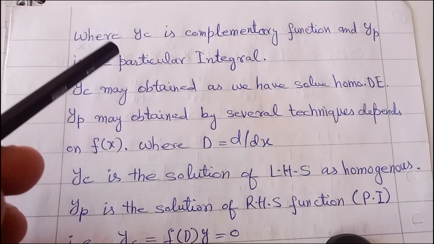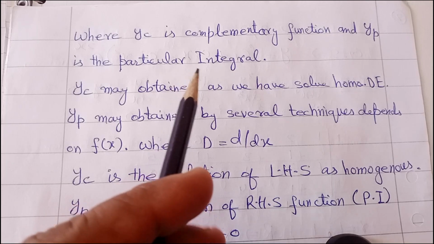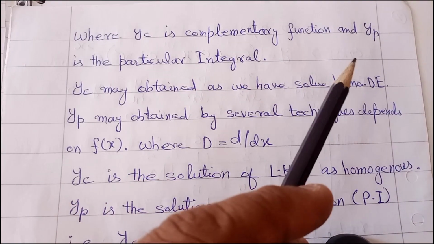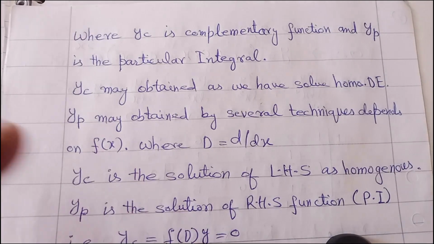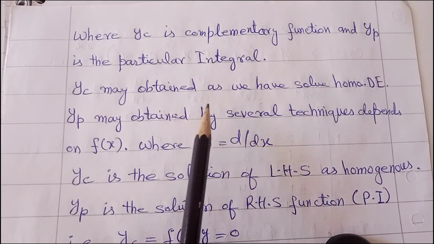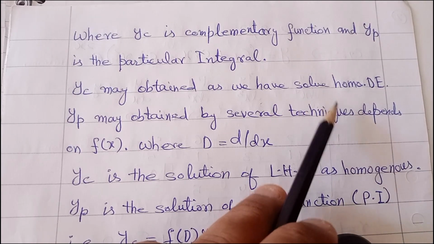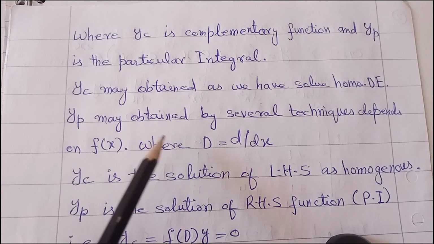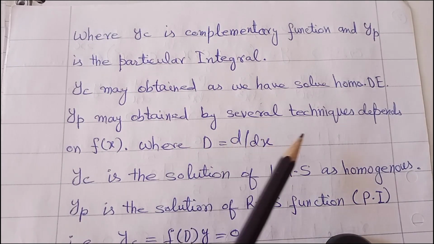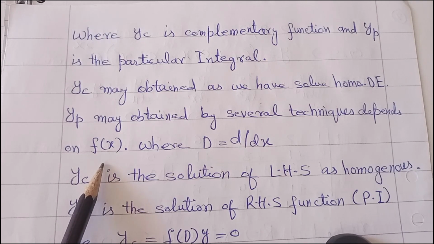As I explained, what is yc? Yc is the complementary function, and yp is the particular integral. So yc is obtained from the solution of the homogeneous differential equation, and yp may be obtained by several techniques, depending on the function given on the right hand side, that is f of x.